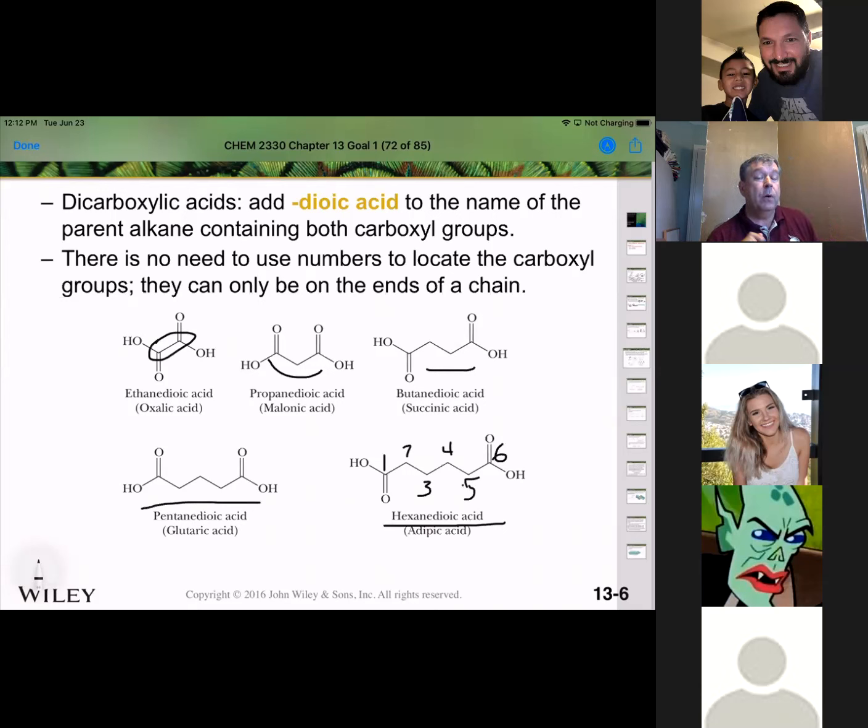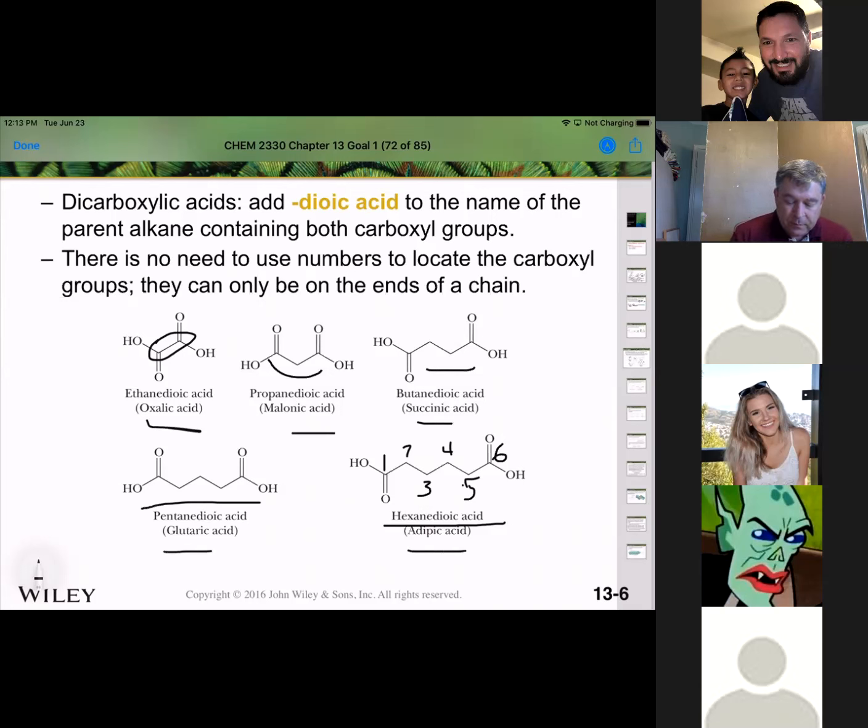Now, there's also common names for these. And when we use the common names here, there's actually a good way to remember the first 5 of these dicarboxylic acids, because they're oxalic, malonic, succinic, glutaric, and adipic, we go, oh my, such good apples. And that gets you your first 5 dioic acid common names.